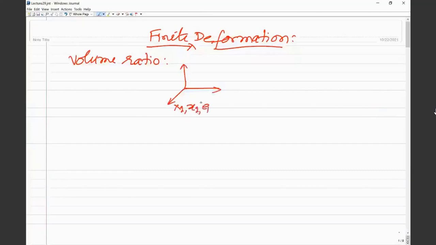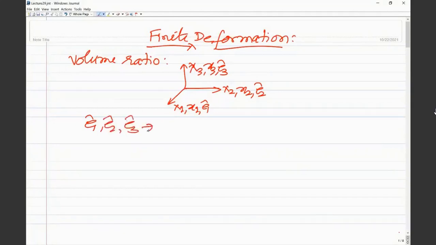And say the unit vectors are E1 cap along this direction, then we have x2, small x2 and E2 cap, and we have x3, small x3 and E3 cap. So E1 cap, E2 cap, E3 cap are unit vectors along x1, x2 and x3 directions.